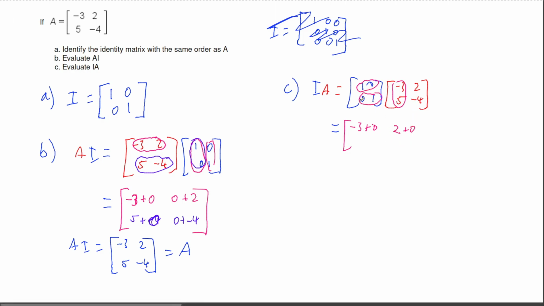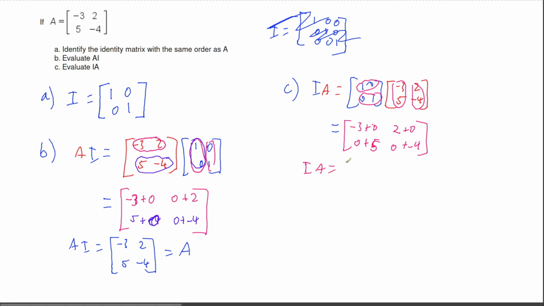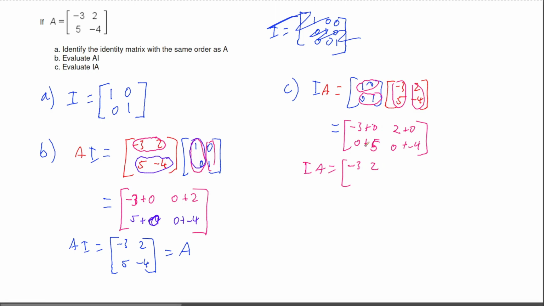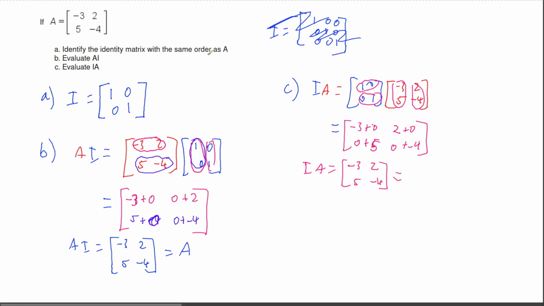Next row down, 0 times -3 is 0, 1 times 5 is 5, 0 times 2 is 0, plus 1 times -4 is -4. So that means that I times A is going to be -3 plus 0 is -3, 2 plus 0 is 2, 0 plus 5 is 5, 0 plus -4 is -4, which, if we compare it again to my answer, is exactly the same as A.